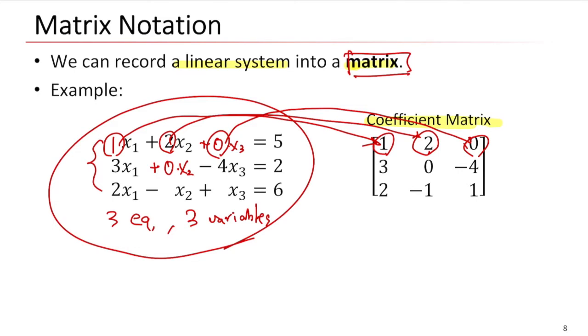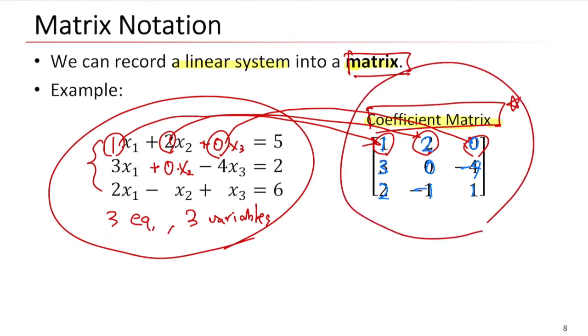Like this we can write the coefficient matrix like 1, 2, 0, 3, 0, -4, 2, -1, 1, something like that. So this is called the coefficient matrix. With this coefficient matrix, we can represent a complicated linear system in a very efficient form or efficient notation like this.